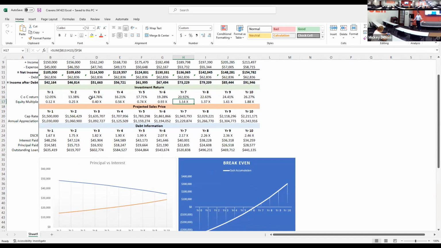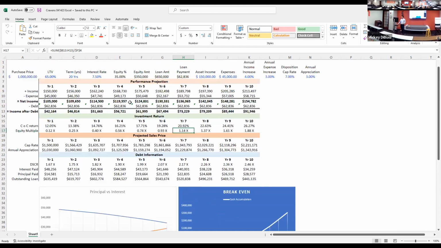And then another thing is you can project out what you think the underlying asset is worth. We're only talking about cash flow here. There is that appreciation component of the underlying asset. I can change it, I can show you how the sheet will change. But anyway, right now we have an annual appreciation of 3% for the asset.